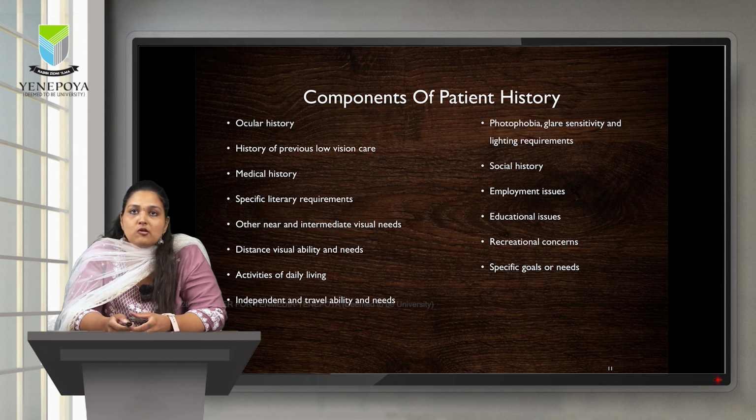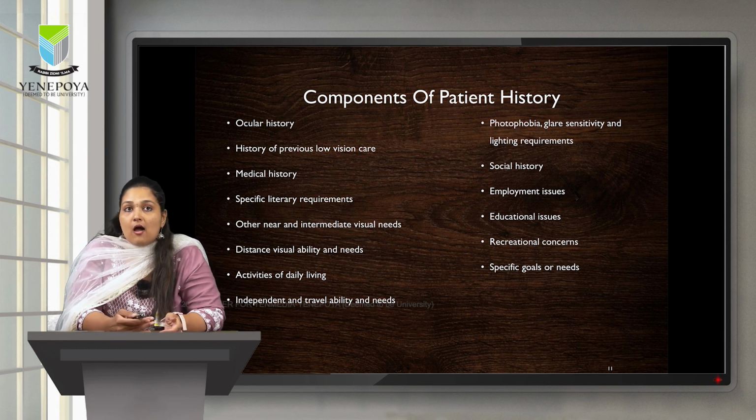Coming to components of history taking for low vision patients, we have so many categories: ocular history, history of previous low vision care, medical history, specific literary requirements, near and intermediate visual needs, distance visual acuity and needs, activities of daily living, independent and travel ability needs, photophobia, glare sensitivity and lighting requirements, social history, employment issues, educational issues, recreational concerns, specific goals or needs.